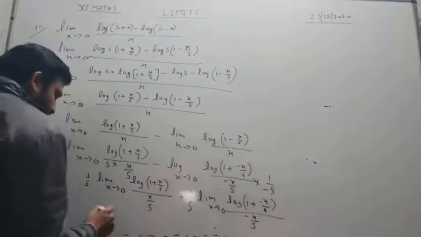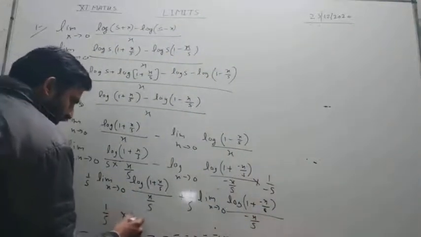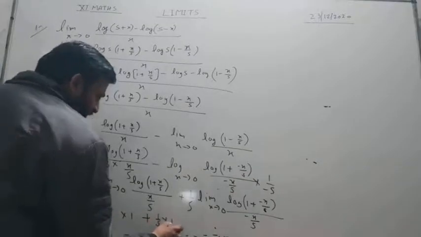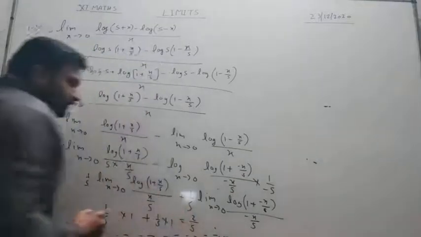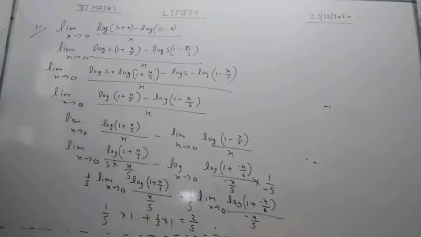So this term is 1 and again this term is 1. So our result is 2 by 5. I hope you understand, students. What will be our result? It will be 2 by 5.